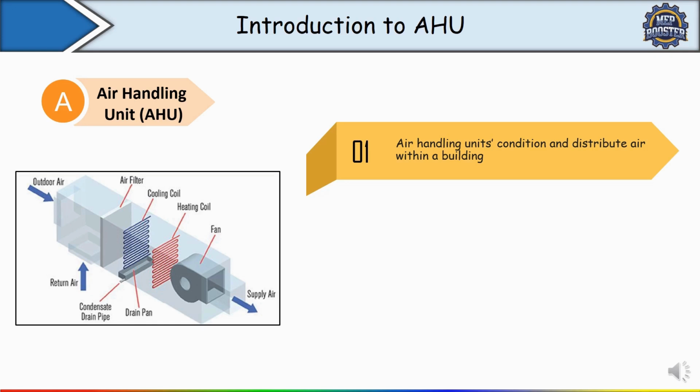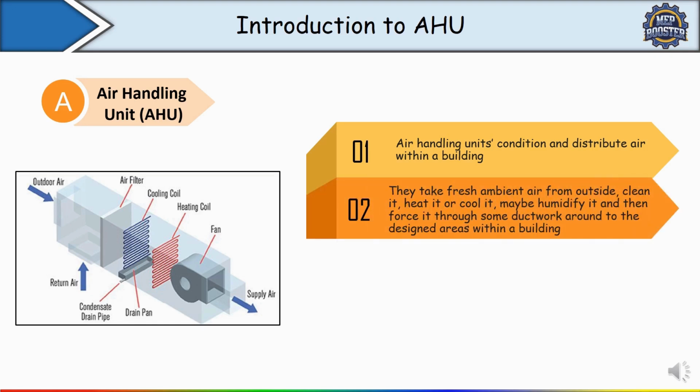Air handling units condition and distribute air within a building. They take fresh ambient air from outside, clean it, heat it or cool it, maybe humidify it and then force it through some ductwork around to the design area within a building. Let's take one example.